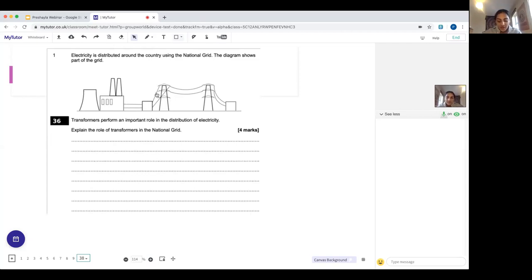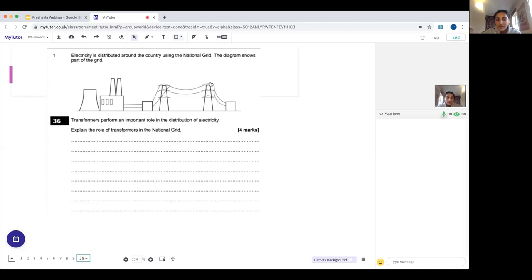When it's at a much higher voltage, it goes through the cables. We want it at a really high voltage so that it can have as low current as possible. So remember, a high voltage means a low current for transformers. So it's at a high voltage in the cables because it's been amplified by this step-up transformer.